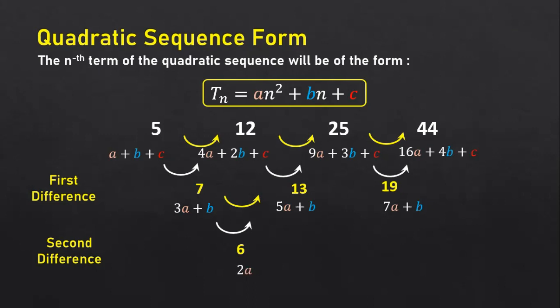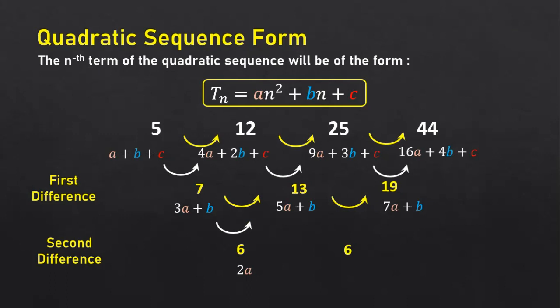Okay, what about 13 to 19? The second difference from 13 to 19 is 6, because 19 minus 13. Right? So what about the equation?